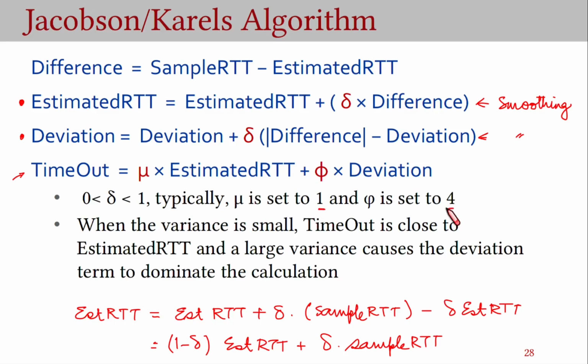So when the variance is small, timeout is close to the estimated round trip time, because as I said, mu is set to 1, so timeout is equal to the estimated round trip time. If the deviation is small, this term basically does not contribute much to the timeout. On the other hand, if the deviation is large, then this term is going to dominate.